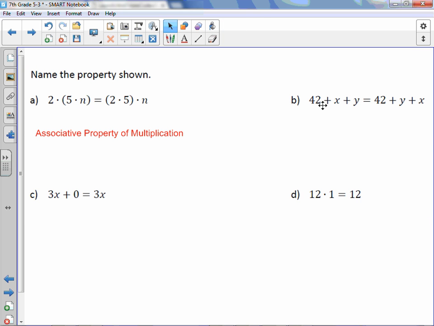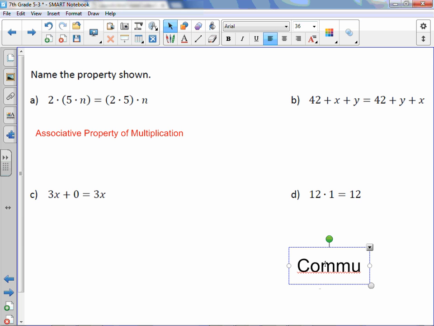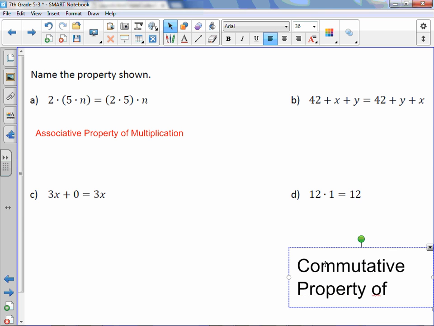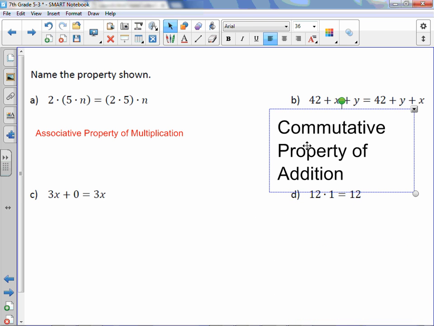Letter B, 42 plus x plus y equals 42 plus y plus x. The order changed, this is the commutative property, and it's addition, so it's the commutative property of addition.